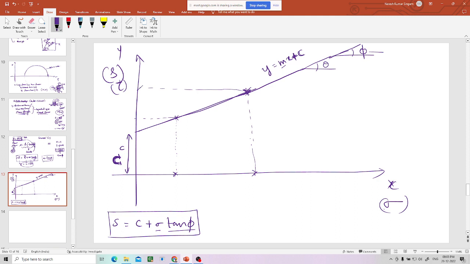So that's how this tells about the strength of the soil. This tells about the stresses at which failure will happen. That is the reason why this total line is called the failure envelope, and this failure envelope is given by this equation.